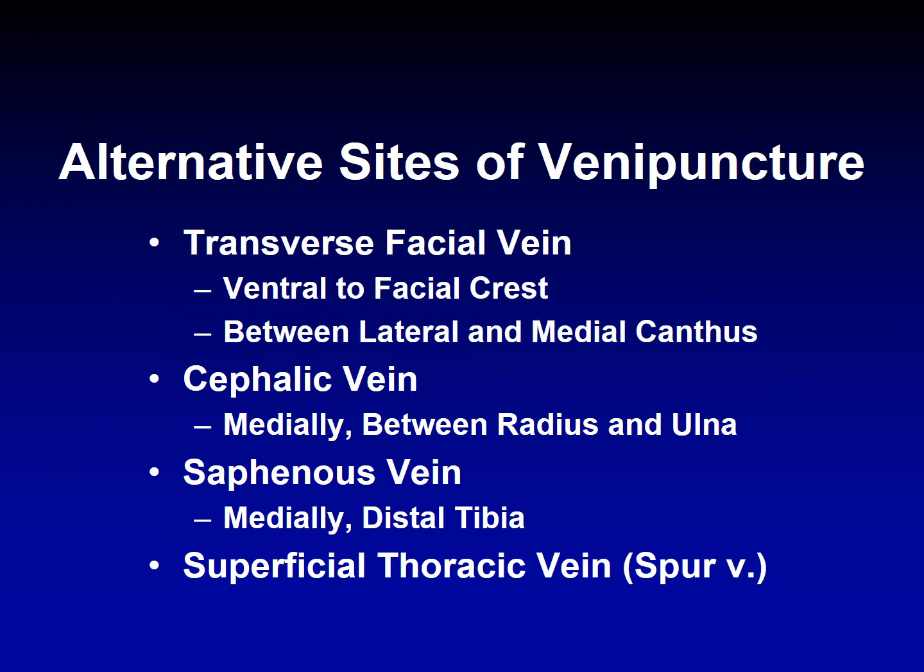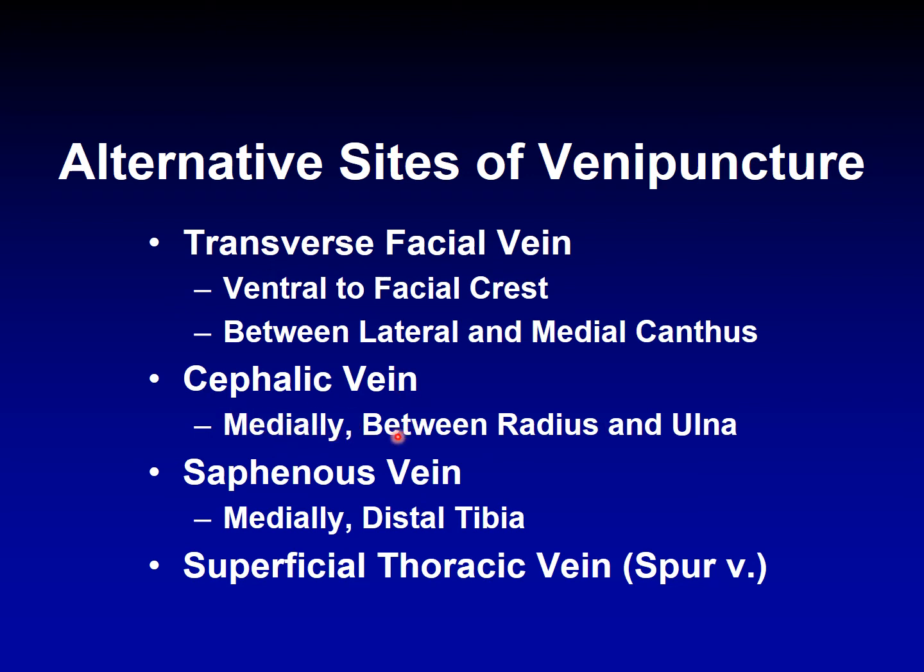So we mentioned the transverse facial vein, ventral to the facial crest between the lateral and the medial canthus. Now, you have also the cephalic vein, which I mentioned earlier, that it's covered by the cutaneous coli. So you can do that between the radius and the ulna, on the medial side of the forelimb, basically.